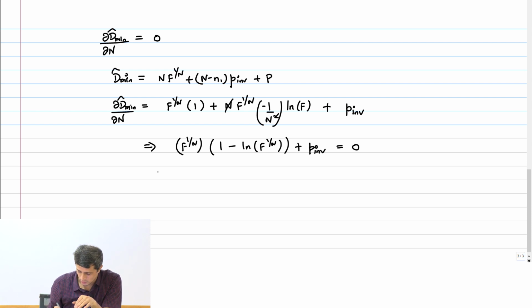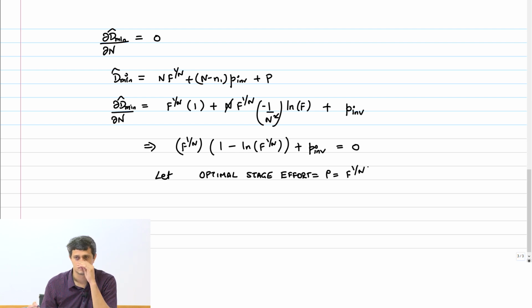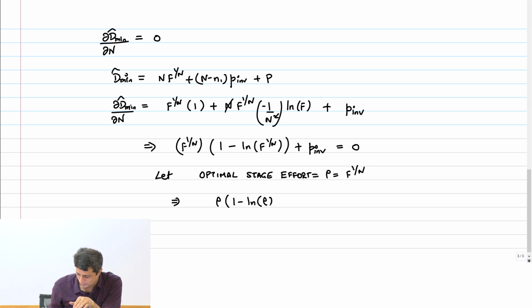Okay. So now let the optimal stage effort, I am going to call it rho, be equal to f power 1 by N. This implies the equation that I want to solve is rho into 1 minus ln of rho plus P inv equal to 0.